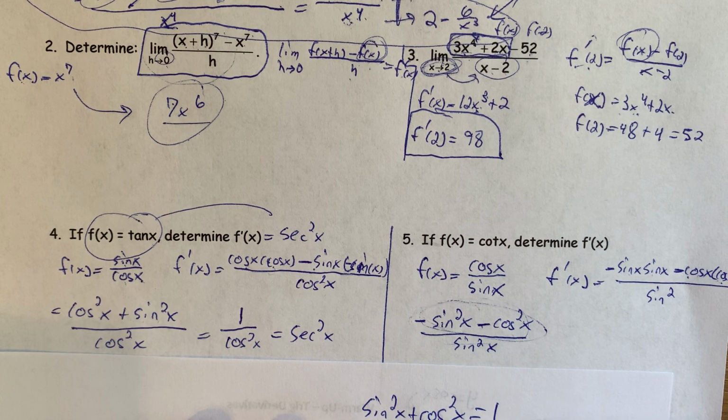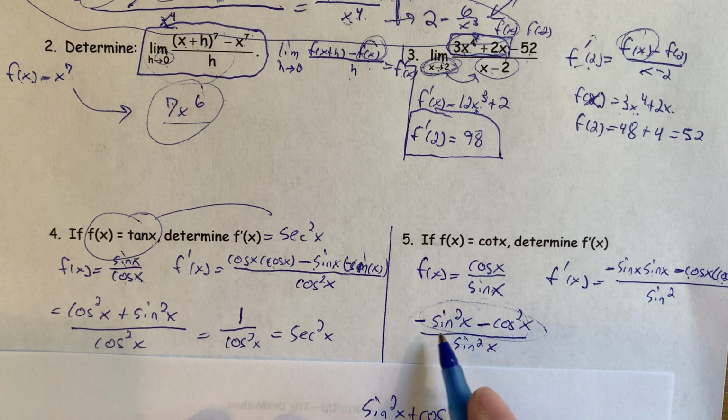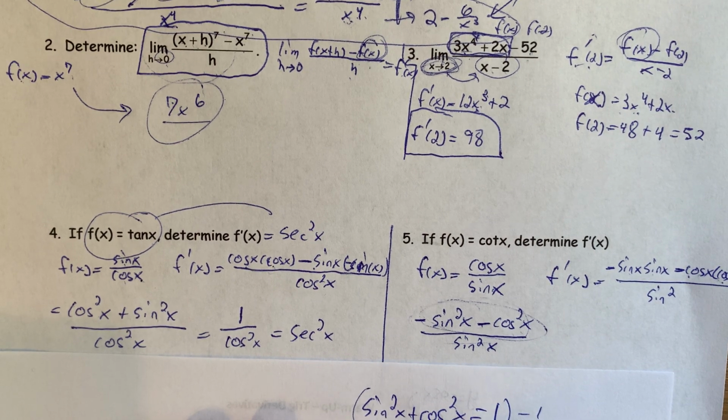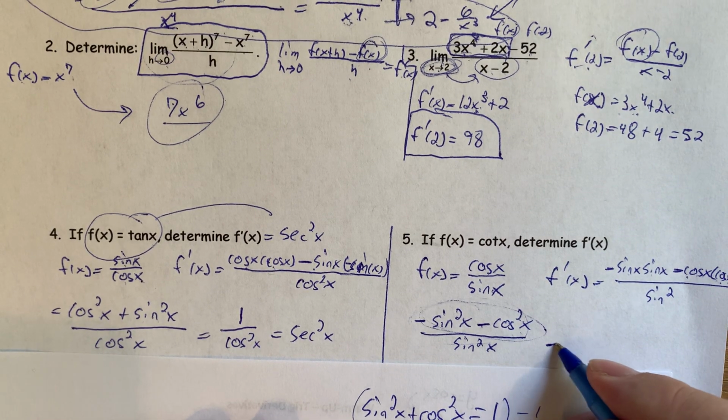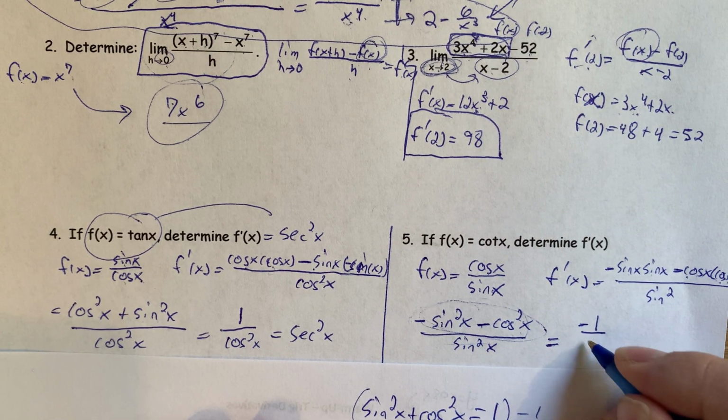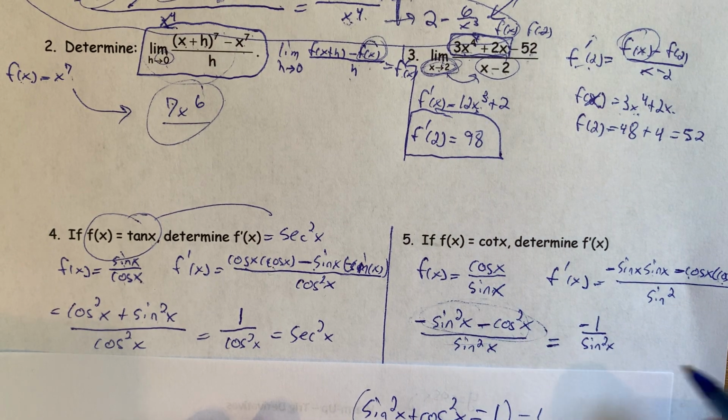Moving the sine and the cosine over to the other side would make them both negative. Then you could just move the 1 over to this side. Or, because they're both negative, you can just multiply everything by negative 1, which is what I'm going to do. And we'll get negative sine squared of x minus cosine squared of x equals negative 1. We multiplied both sides of the equation by negative 1. And so this whole thing becomes negative 1 over sine squared of x.